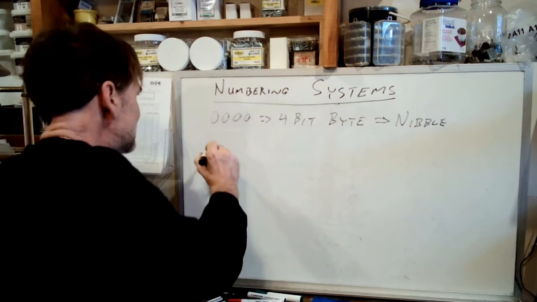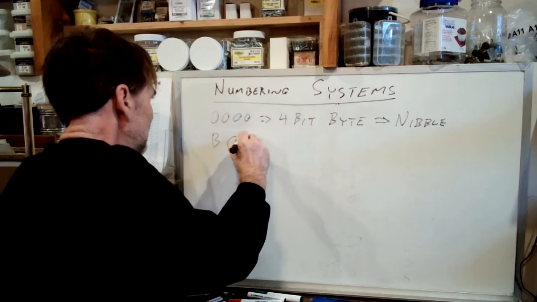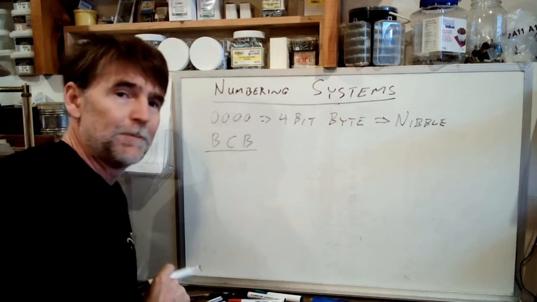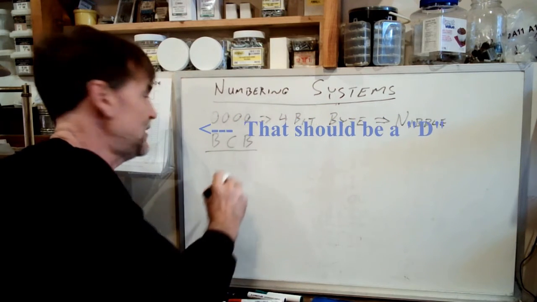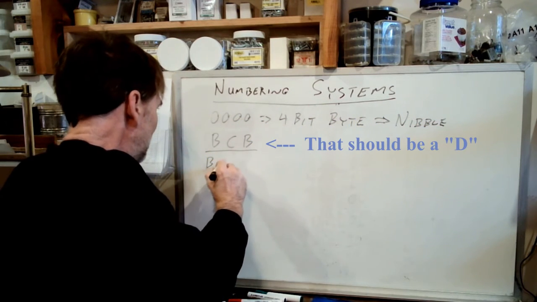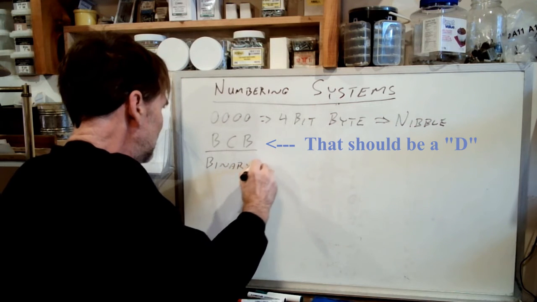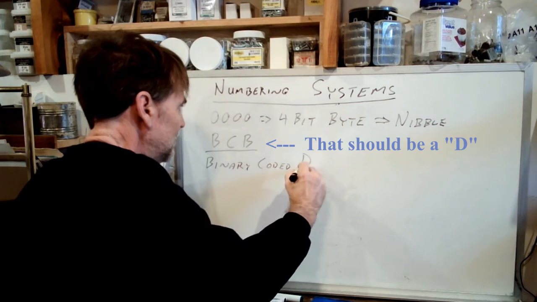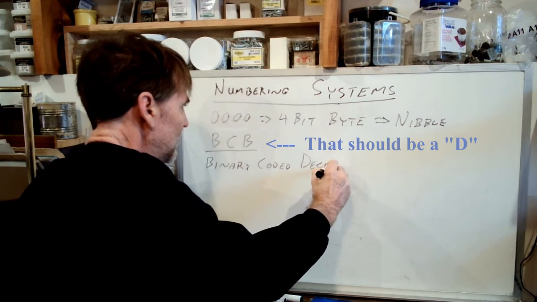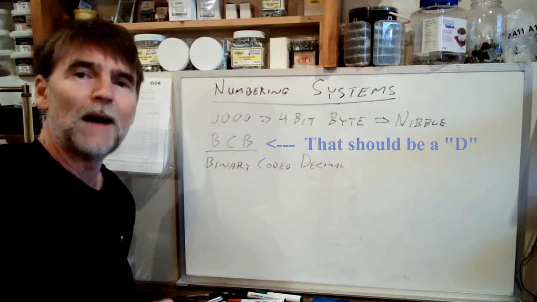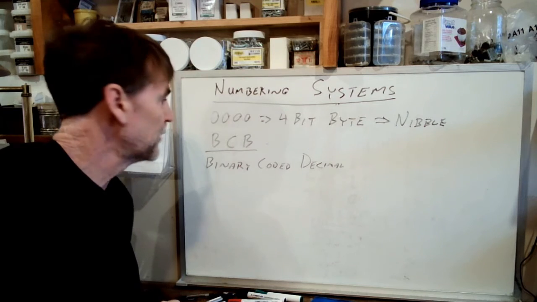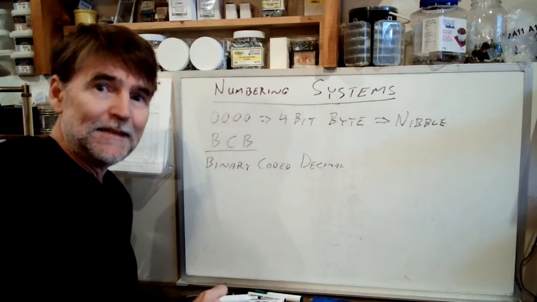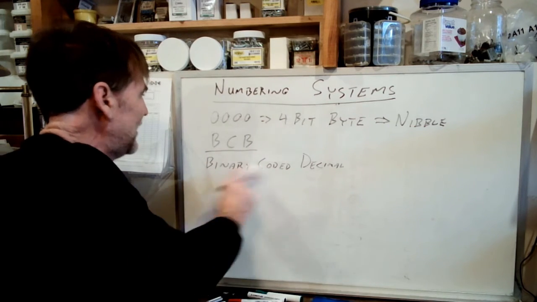So we have this thing called BCD, which stands for binary coded decimal. What that means is it's coded in binary.